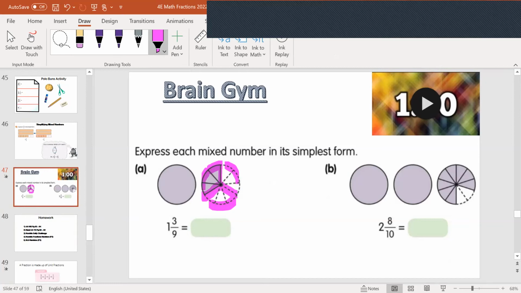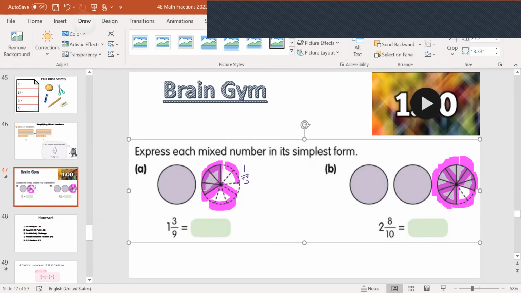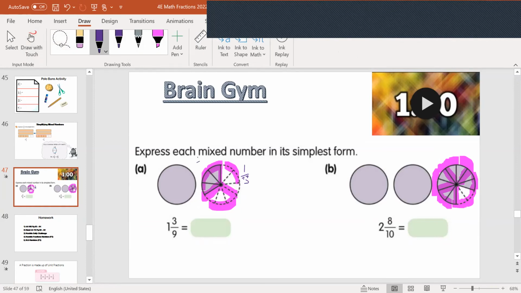And then this one, I group it into, what is the common factor that I divide by? 2. A bit ugly, the shading. But can you see what I'm getting at? So it becomes, oopsie.